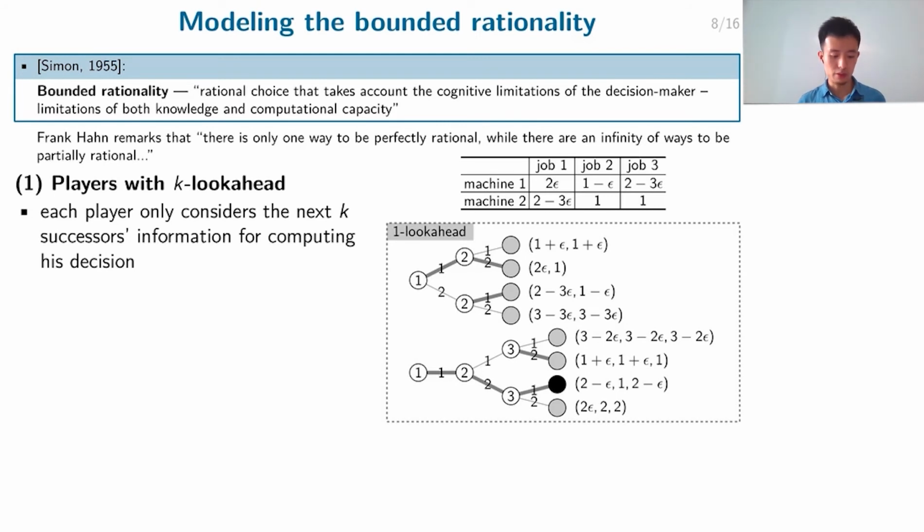Job 1 will know the information of job 2 and consider it as the last job. So job 1 will draw a 2-level game tree instead of a 3-level one and conduct backward induction and finally choose machine 1. After job 1's decision, job 2 will also draw a 2-level game tree and find his optimal choice. The final equilibrium is like this, and the sequential price of anarchy is around 2.